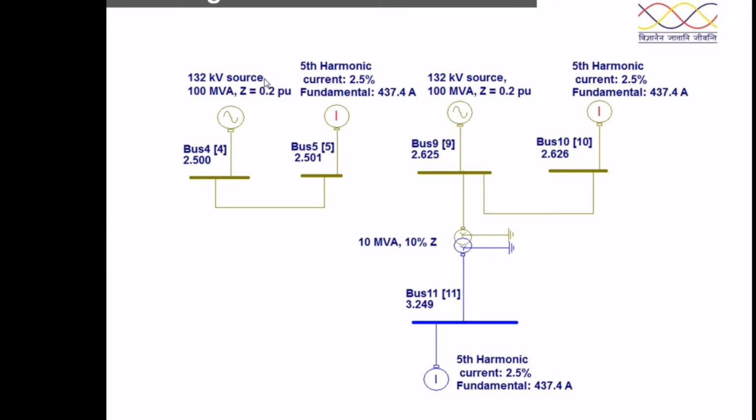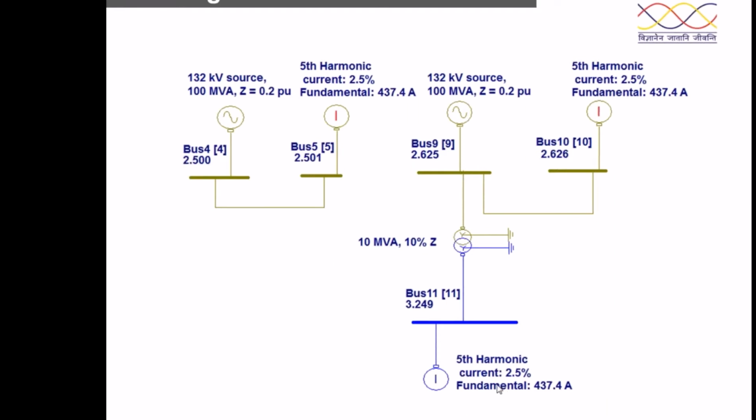With that 1 per unit impedance, you are injecting a 2.5% current, therefore the voltage becomes 1 per unit into 2.5%, that is 2.5% voltage distortion. Now, this is an acceptable level for 132 kV. Assume that this 2.5% is acceptable.